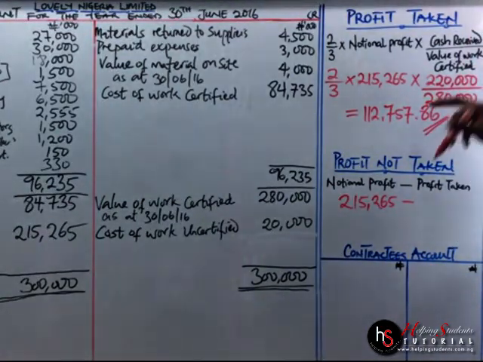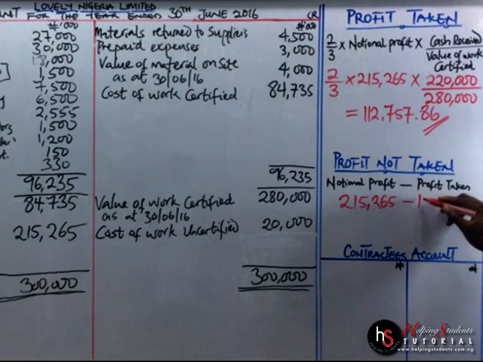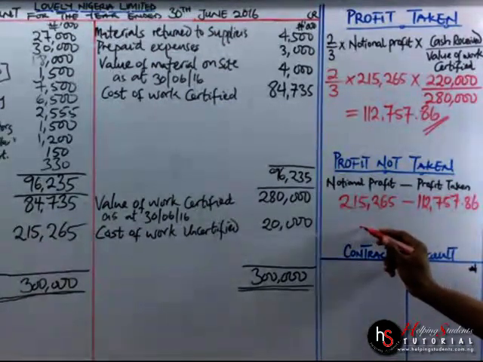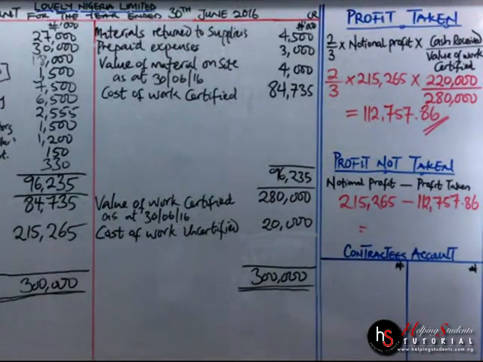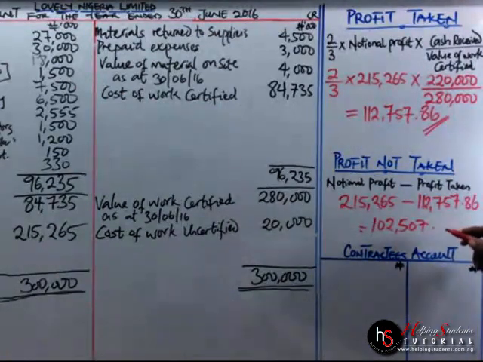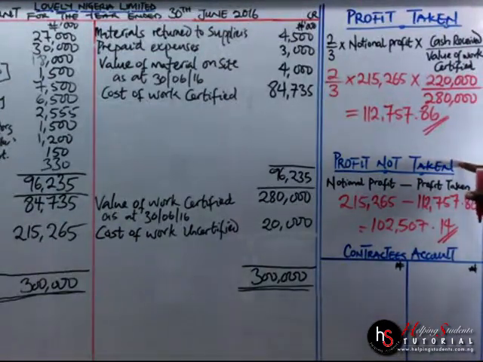This is the profit taken, and the value we had was 112,757.86. So by the time we less this value from this other value, it gives us what? 102,507.14. All right. So this value represents the value for the profit not taken.